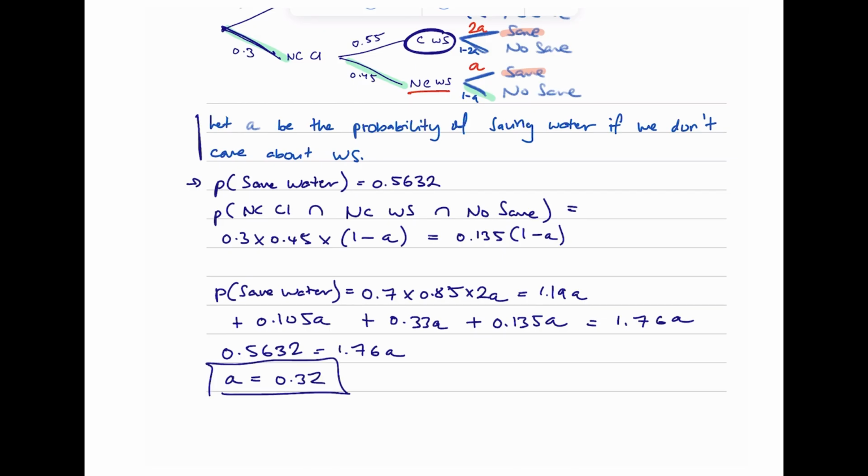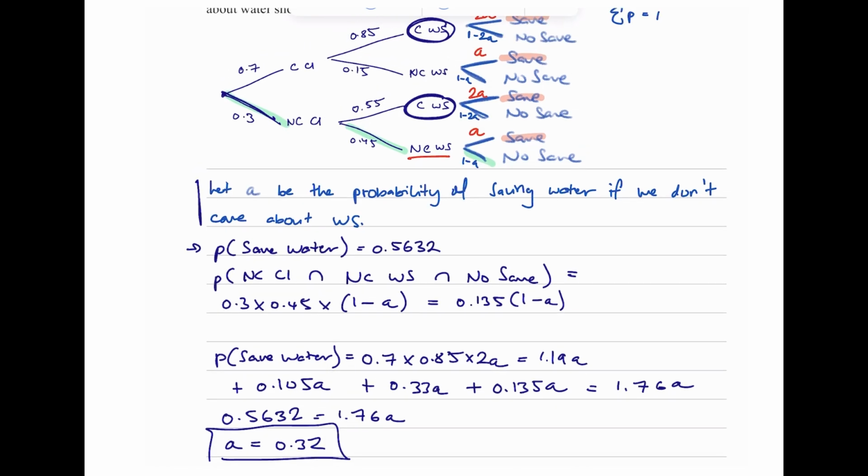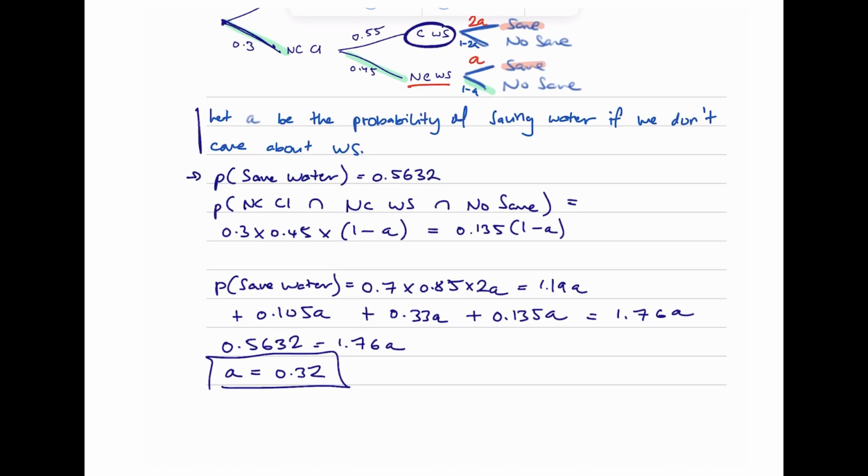That's our probability of saving water if we don't care about water shortages. Remember that we just needed to work out the value of a. So going back, this is equal to 0.135 times 1 minus 0.32, because we just substitute in the value of a. 0.135 multiplied by 1 minus 0.32 gives a probability of 0.0918.